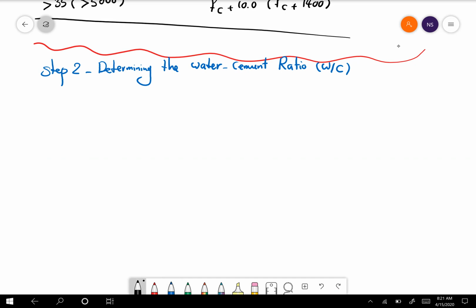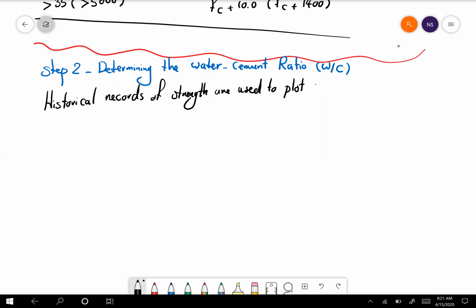Now what we do is we use the historical data or the previous lab results, historical records of the strengths, to plot F prime C versus water to cement ratio.